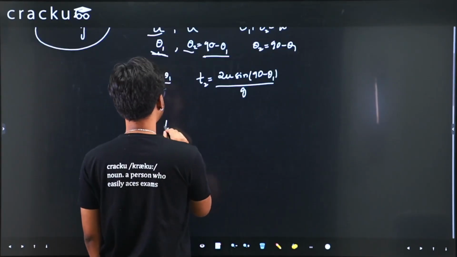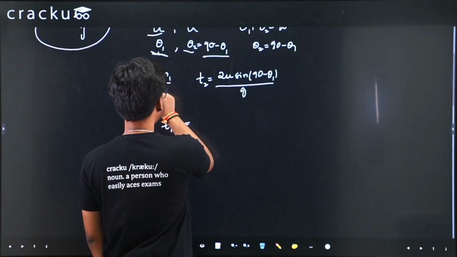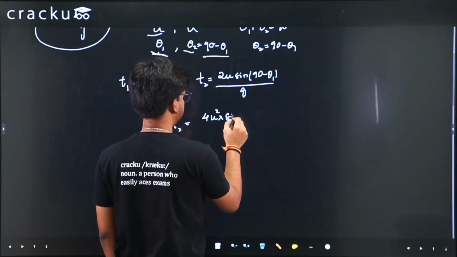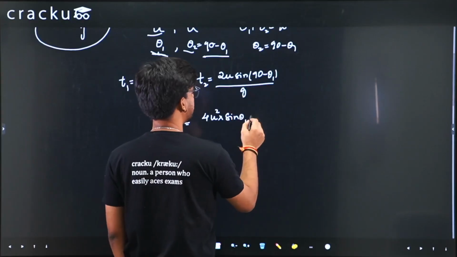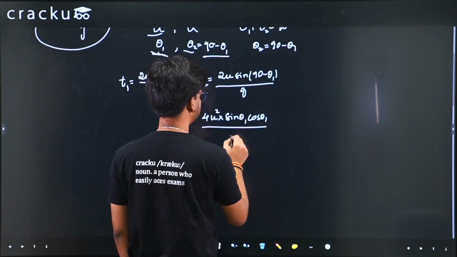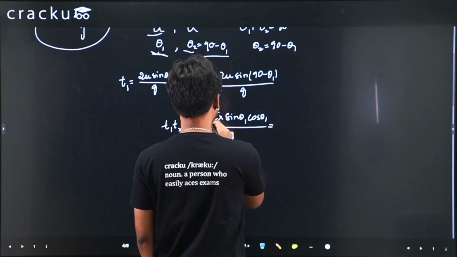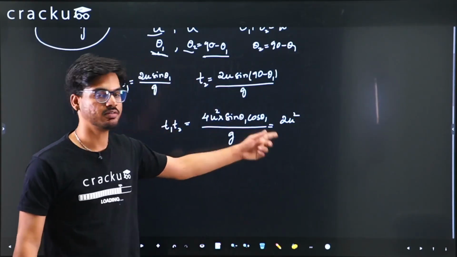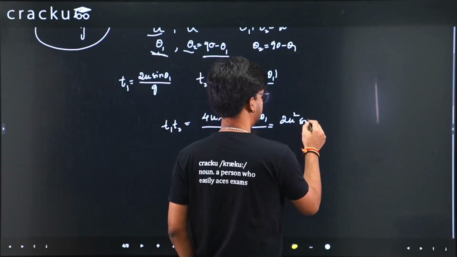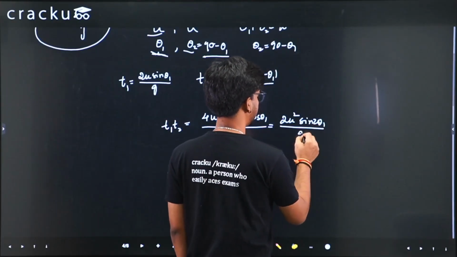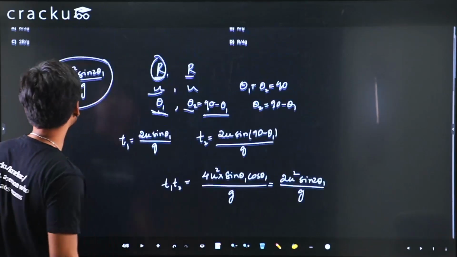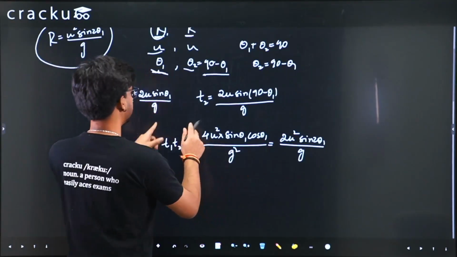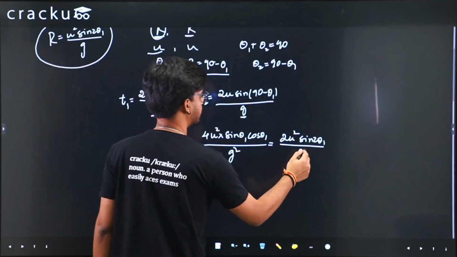So this product t1 t2 is nothing but 2u into 2u, which is 4u square into sine θ1 into sine 90 minus θ1, which is cos θ1, by g square. So let us take 2 out here, and we have 2u square into 2 sin θ1 cos θ1, which is sin 2 θ1, by g square. Now in the denominator we have 1 g and 1 g, this is g square.